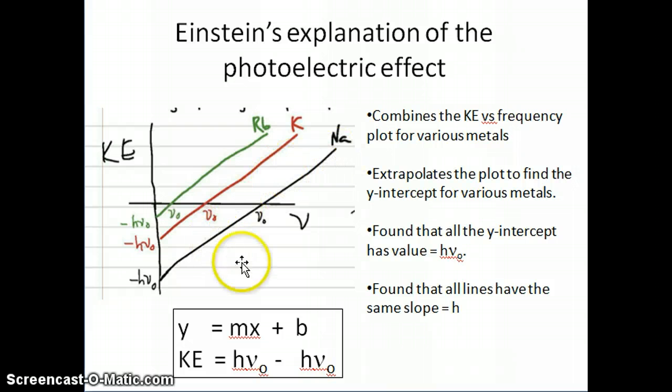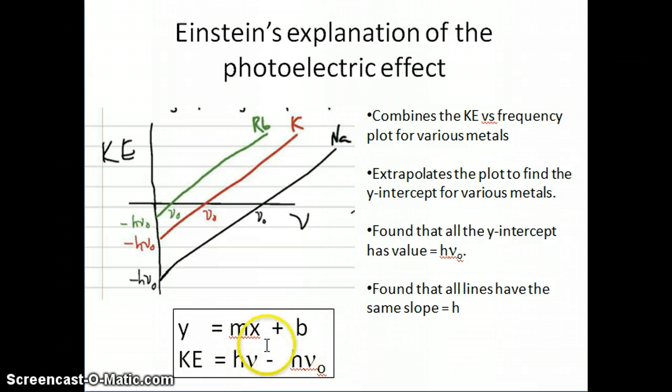Then he said, this is just the equation of a line, y equals mx plus b. So I can rewrite this: y is kinetic energy, that's the y-axis, and x is frequency, nu in this case. The slope m is equal to Planck's constant, so it's just kinetic energy equals h times nu.